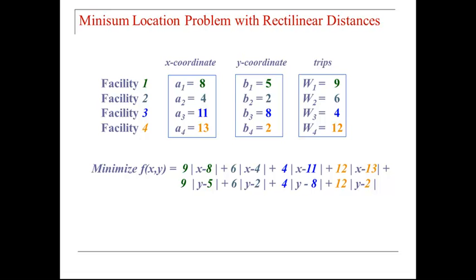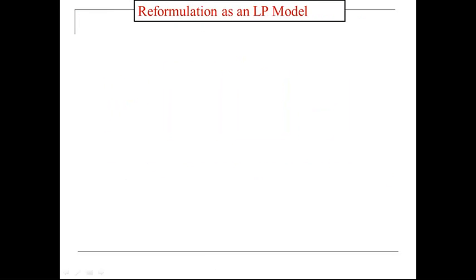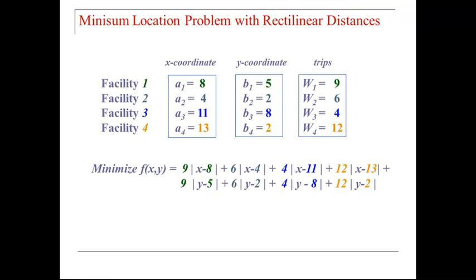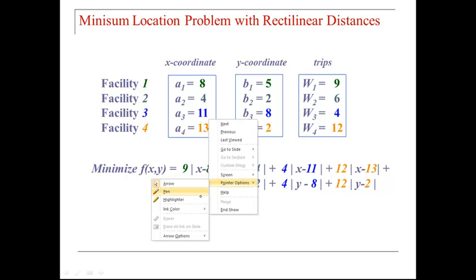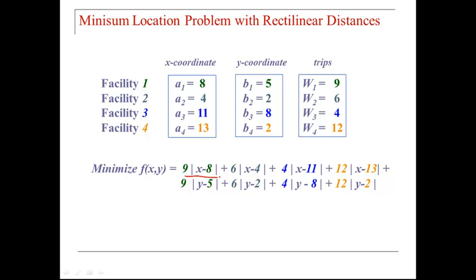We repeat the process for all the facilities in terms of x. So that's what you have here in this first portion of the objective function. All this corresponds to x, or the x coordinates.